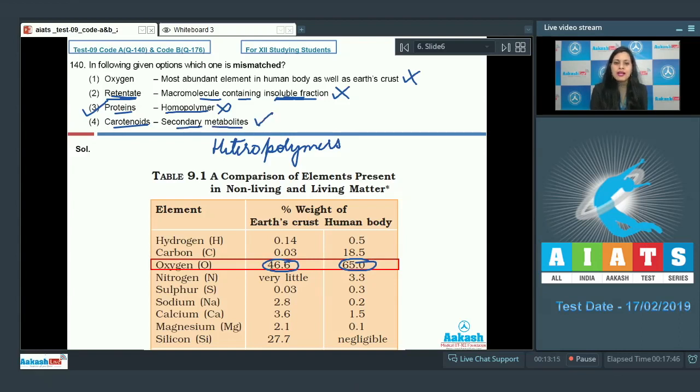This is a correct match, because pigments such as carotenoids and anthocyanin are secondary metabolites synthesized in the plant body as well as in certain animals, which have no metabolic role but participate in certain other functions. So the correct answer is option number 3. Let's proceed to the next question.